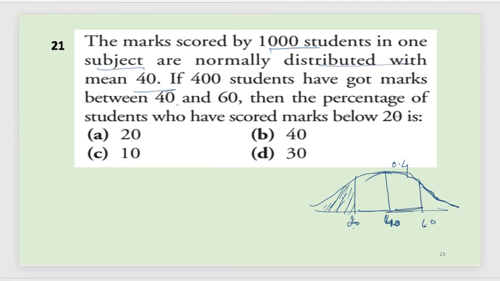It means from the mean these two areas must be the same, so the PDF must be the same. So this will also be 0.4, and since we know that the area on the left hand side of the mean is 0.5, when we subtract 0.4, this area turns out to be 0.1. So 0.1 is the PDF, meaning 10% of the students scored less than 20.